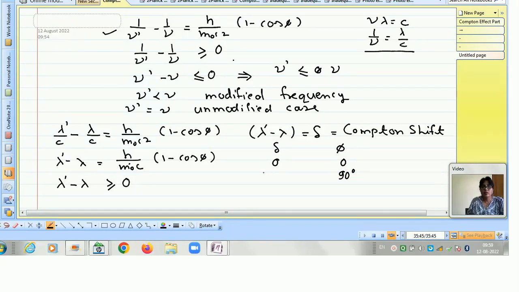this value is h upon m naught c. Now this h upon m naught c is known as the Compton wavelength.